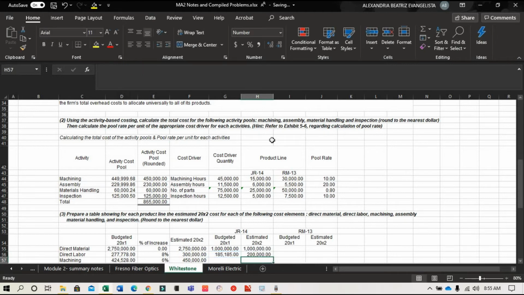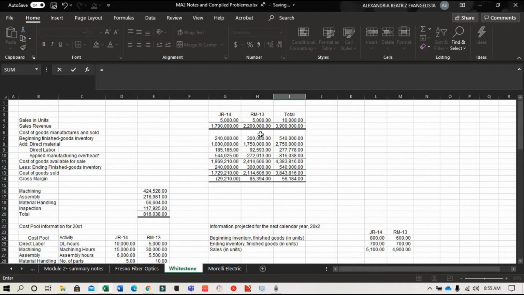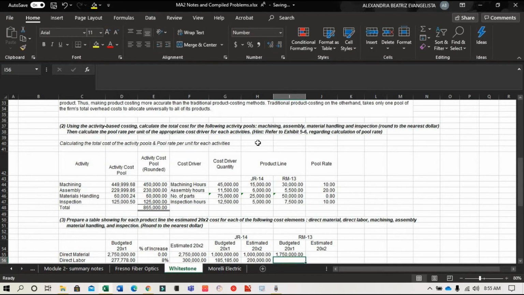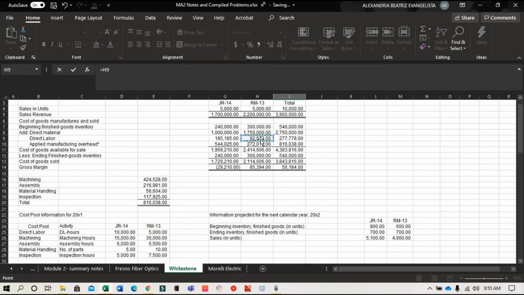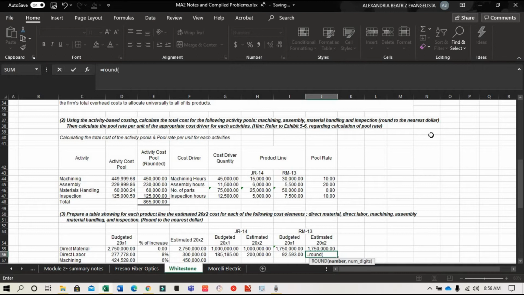And its direct labor that is estimated for 20x2 is 200,000. For RM13, the budgeted for direct materials is 1,750,000. Budgeted for direct labor, that is 92,593. Still the same. Multiply by 1.08. Okay.